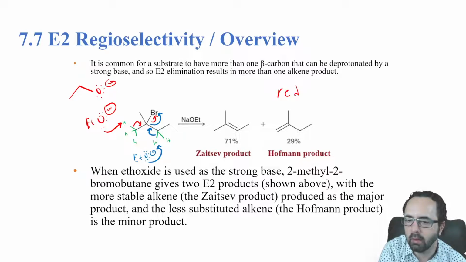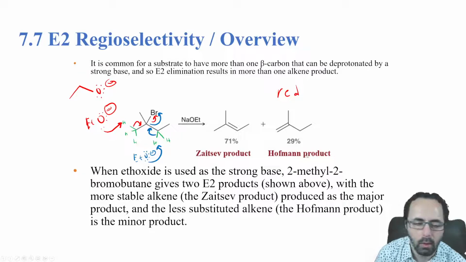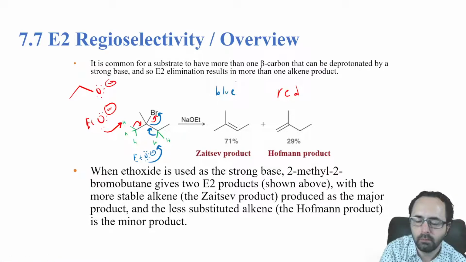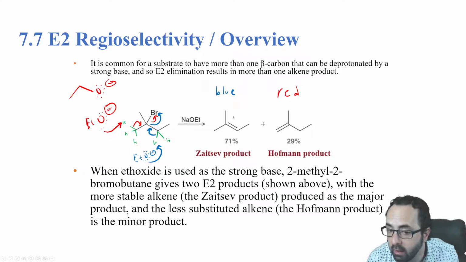What you'll notice about the Hofmann product is that it's only di-substituted. There are no carbons attached to this carbon on the double bond, only to this one on the right, two of them. However, if we go via the blue mechanism, we'll end up with the Zaitsev product. And so the result here would be that we have a double bond at this position, which is tri-substituted.